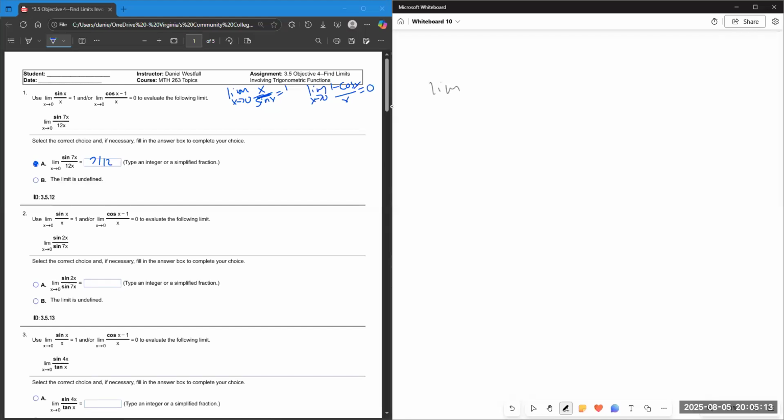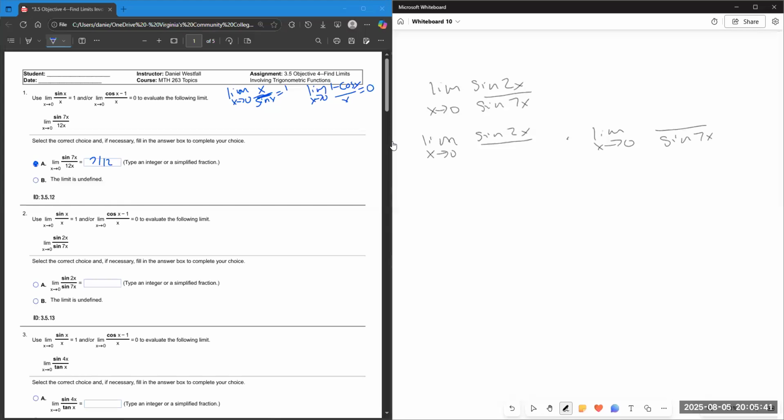All right. Limit as x goes to 0 of sine of 2x over sine of 7x. So I'm going to split these. Sine of 2x over something, limit as x goes to 0, something over sine 7x.